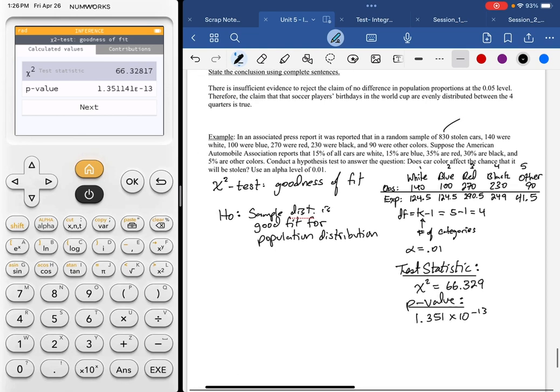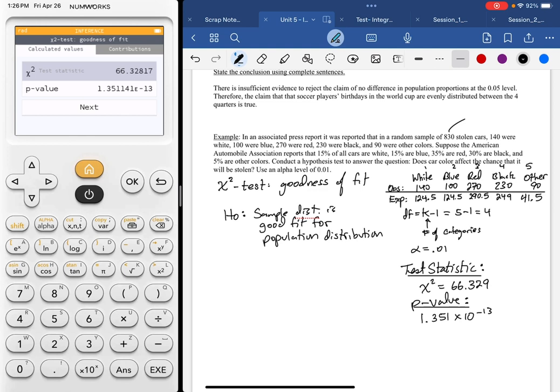All right, and that would actually make more sense in this case than saying that all the population proportions should be the same, right? Because it's not really the case, because we're testing, well, first off, we're testing to see if there is a meaningful difference in the population proportions between white and blue and red and so on.